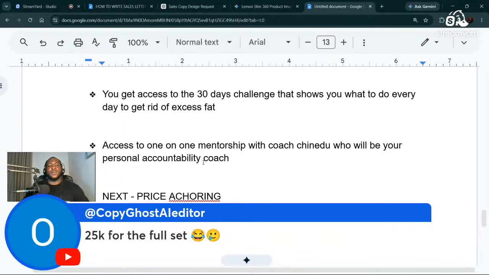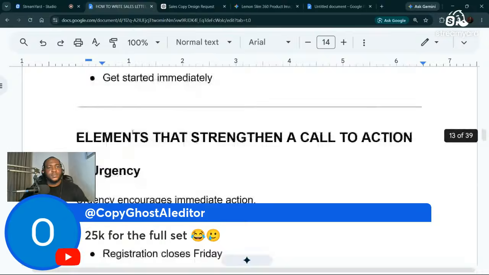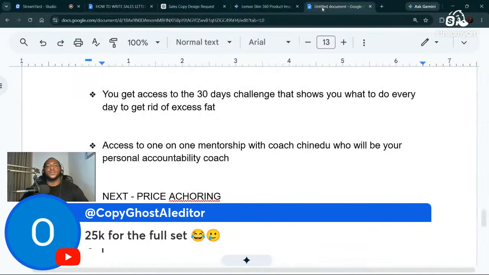And under testimony, we have objection handling. And after objection handling, we have call to action.